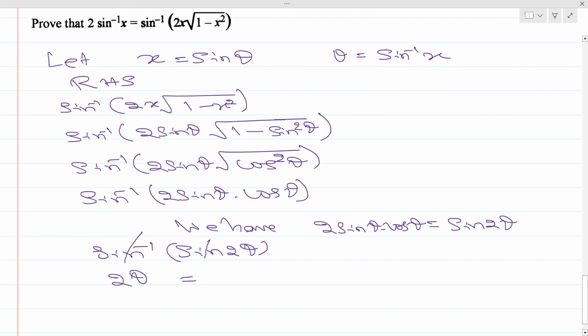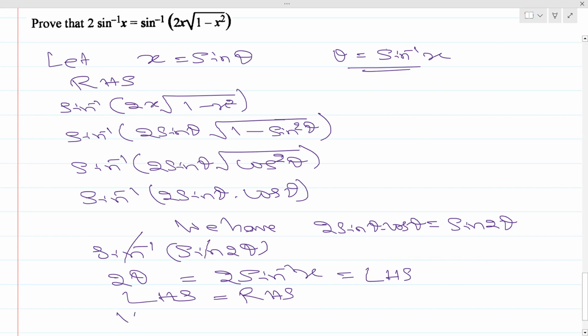And 2 theta, if I resubstitute theta as sine inverse x, I'm getting 2 sine inverse x, which is the LHS. Hence, LHS equal to RHS. We proved.